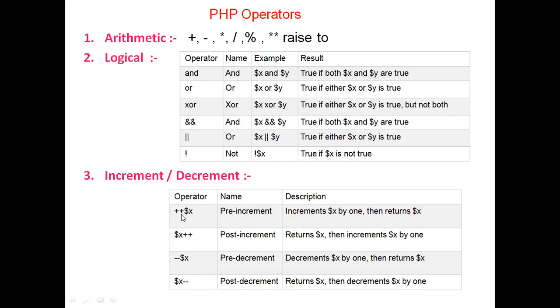This is the pre-decrement and this is the post-decrement. So it decrements the value by one, then returns $x. Okay, so this is the increment and the decrement value, plus plus and minus minus.